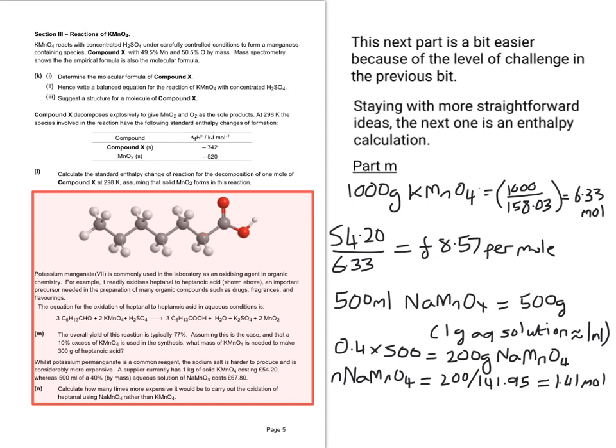So the number of moles of sodium manganate 7, beg your pardon, is 200 over its MR, which is 141.95, equals 1.41 moles. So dividing the cost by the number of moles gives us 48.0851 pounds per mole for sodium manganate 7.